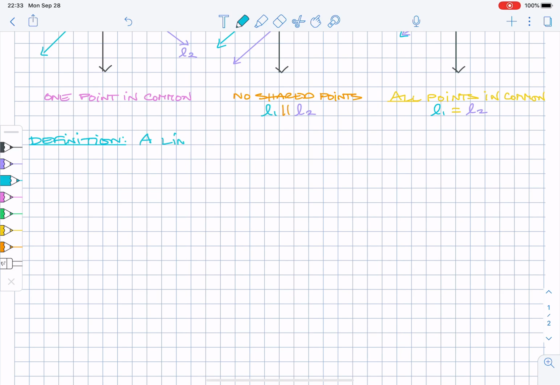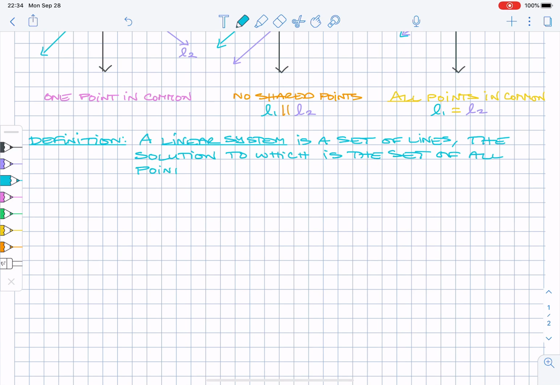That's what we're defining, a linear system is a set of lines, usually 2 for 2 variables, but it could be more, the solution to which is the set of all points they have in common.